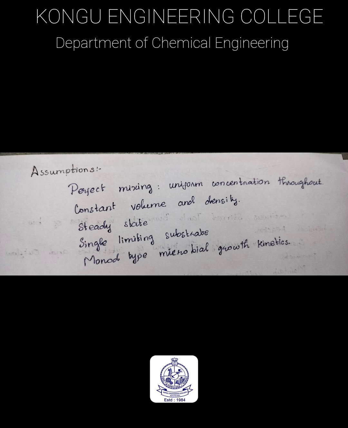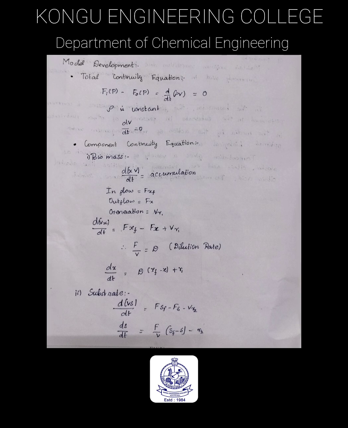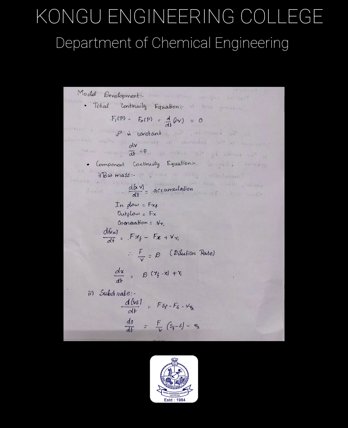Model development. The model is developed based on mass balance principles. We consider the rate of accumulation of a component within the reactor as the difference between the rate at which it enters and the rate at which it leaves, plus any rate of generation or consumption within the reactor. According to the total continuity equation, this equation represents the overall mass balance in the reactor.